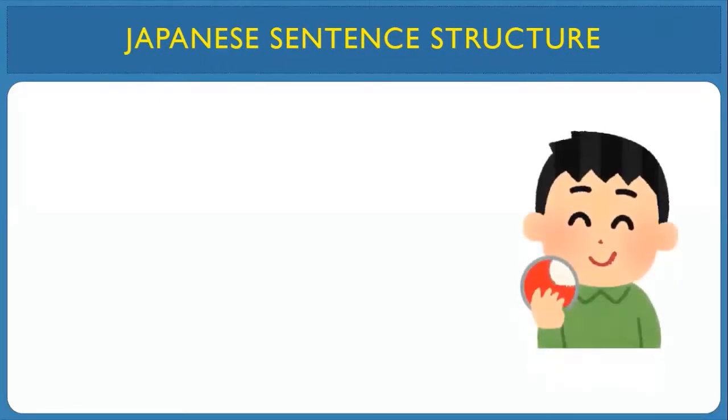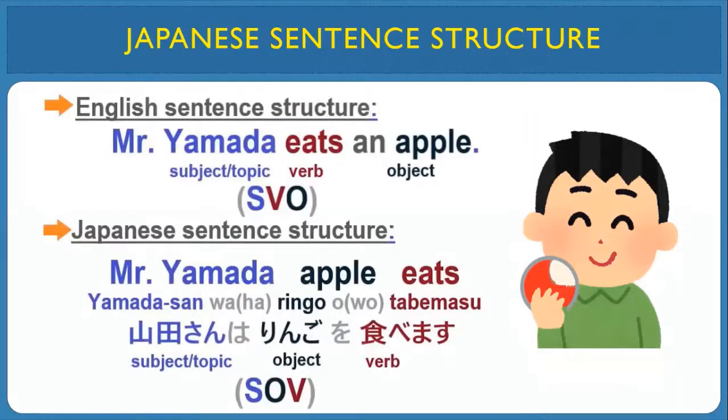So earlier we met Yamada-san. I shouldn't say Mr. Yamada-san, that's redundant. So just either say Mr. Yamada, or since we speak in Japanese, we say Yamada-san. So Yamada-san will discuss the sentence structure.